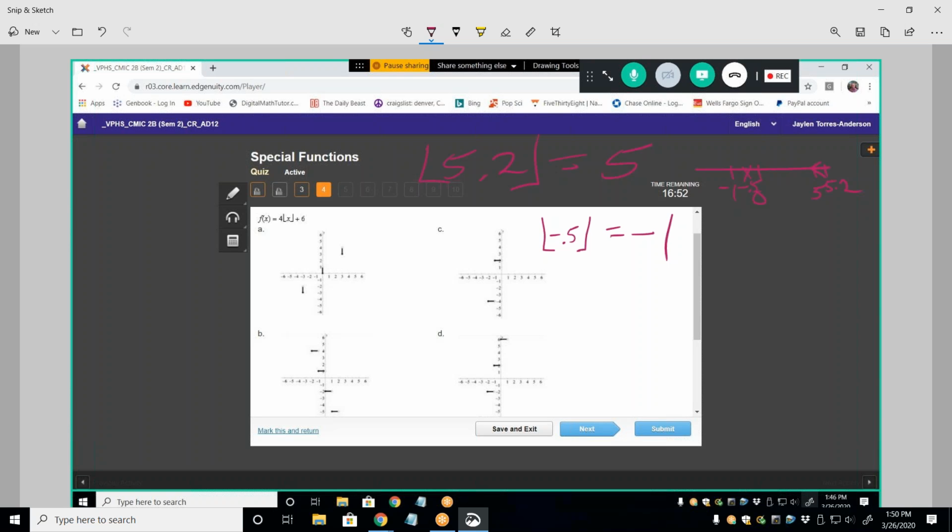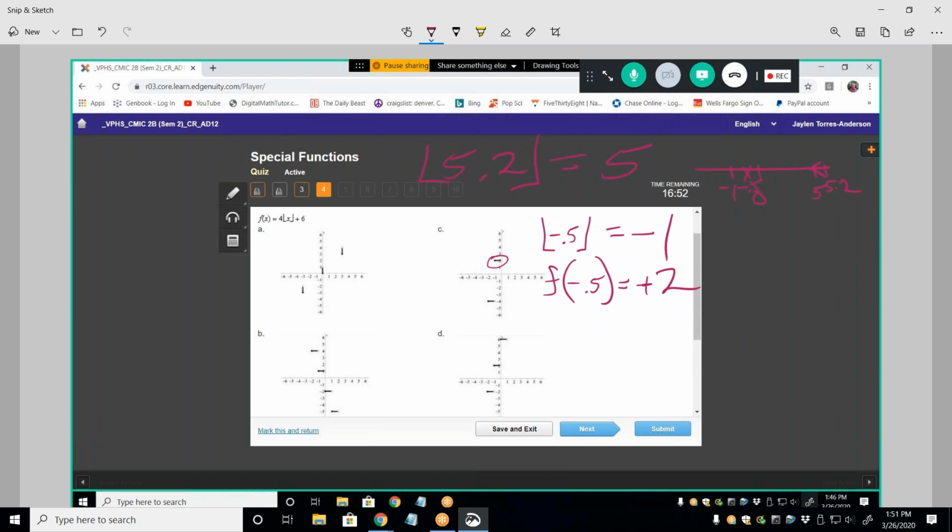So, given that this is true, that it's -1, what is f of -0.5? Well, it would be 4 times -1 plus 6, so that would be +2, correct? Well, that actually looks correct, right?